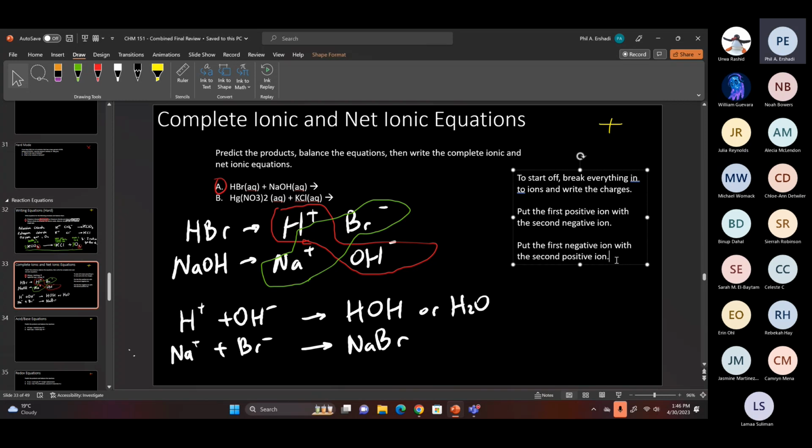I'm going to make a note here in the text box. Once you put the ions together, you can figure out what the product is. You can use the crisscross method, like we did before, if the charges are not equal.